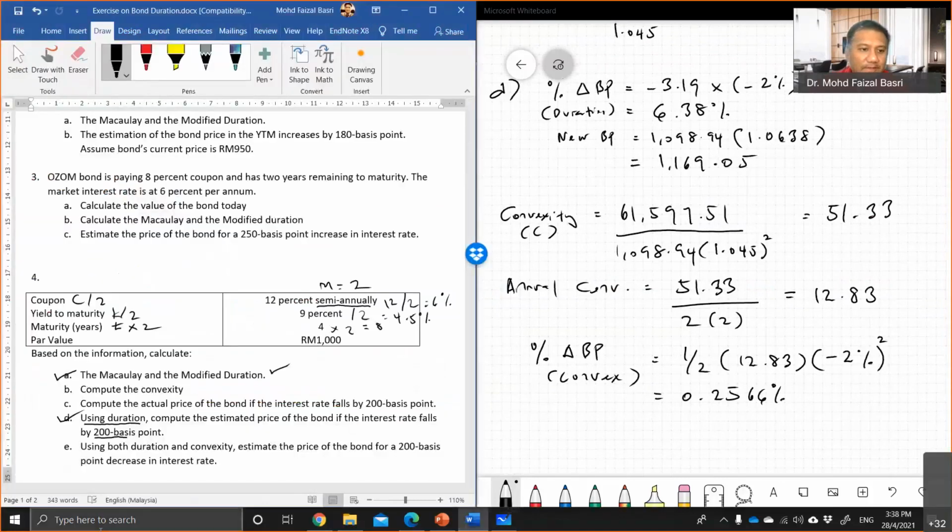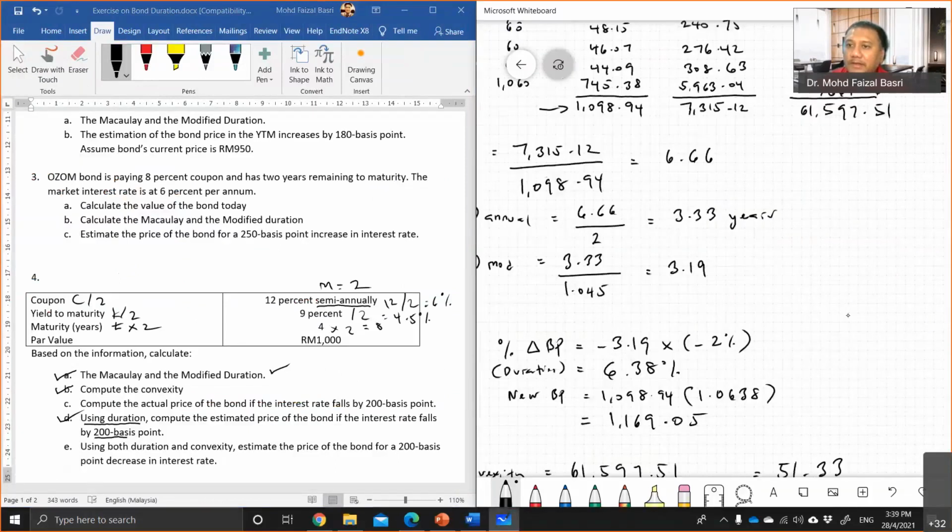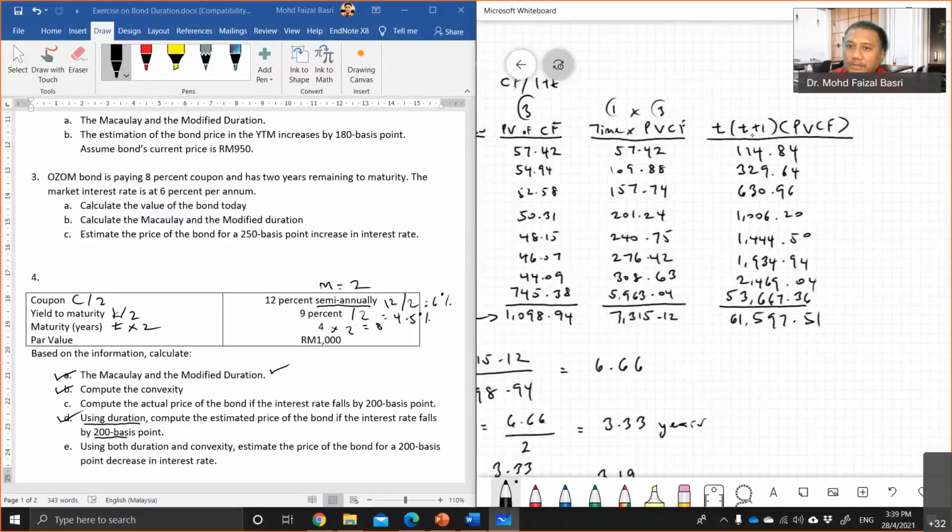Bear with me. If you look at the question again, we've done the computation of convexity. For B, we've done the convexity and also the annual convexity. To find the convexity, we prepare one more column based on T times T plus 1 times PVCF.